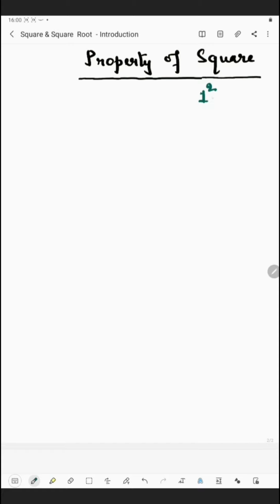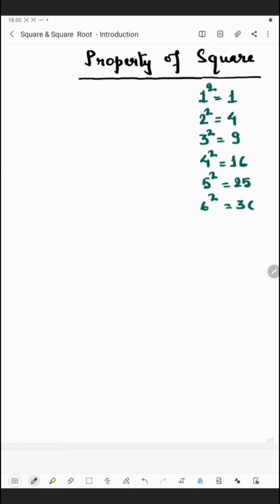Now 1 square means 1 into 1, 1. 2 square means 2 into 2, 4. 3 square means 3 into 3, 9. 4 square means 4 into 4, 16. 5 square means 5 into 5, 25. 6 square means 6 into 6, 36. 7 square means 7 into 7, 49. 8 square means 8 into 8, 64. 9 square means 9 into 9, 81. 10 square means 10 into 10, 100.